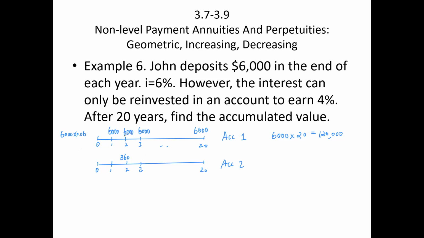And also this interest earned from this amount, so another 360. So 360 times 2. And then finally, at the end of the 20th year, 360 times 19, since 1 less than 20 is 19.